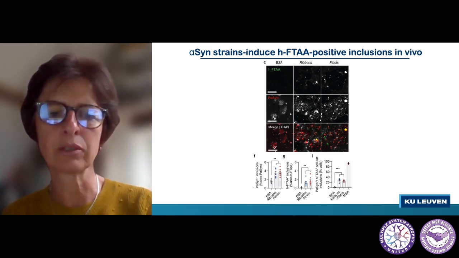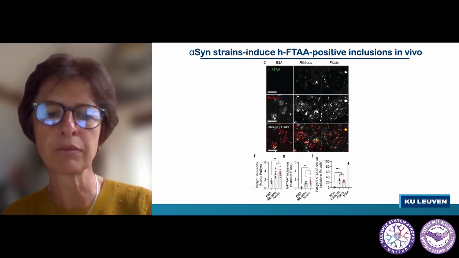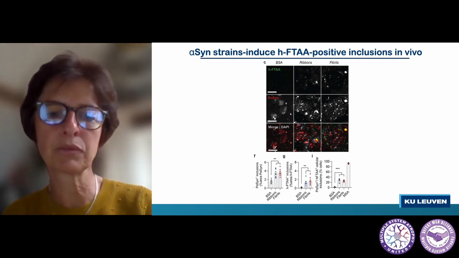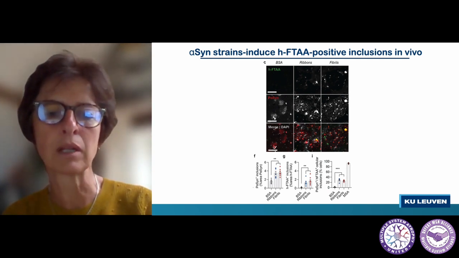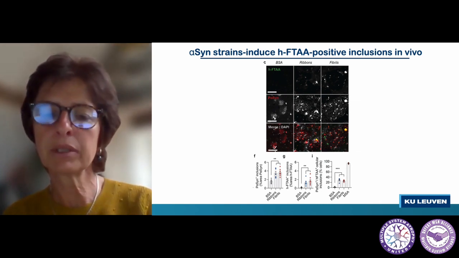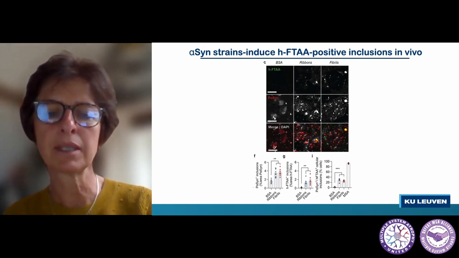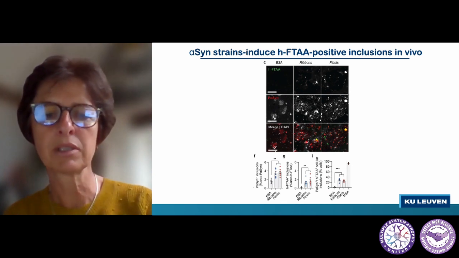What we saw here, if you look at phosphorylated alpha-synuclein, is that the injection of the ribbons and the fibrils gives an increase in phospho-alpha-synuclein inclusions compared to the BSA. But if we stain them with this LCO probe, you see that in the BSA condition there's almost no signal, but it's clearly induced with injection of ribbons or fibrils.